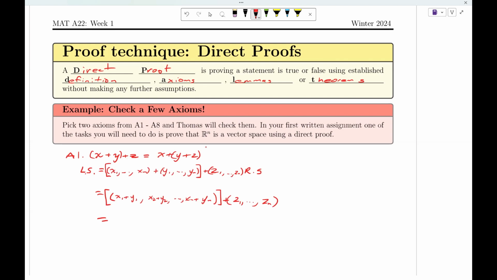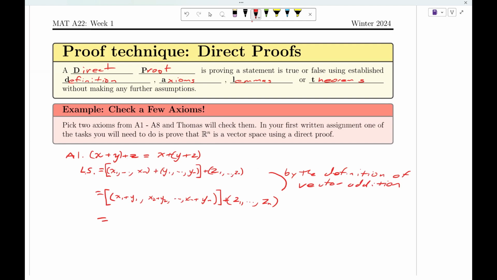And here, and we're going to do the right side argument shortly, this here is by the definition of vector addition.